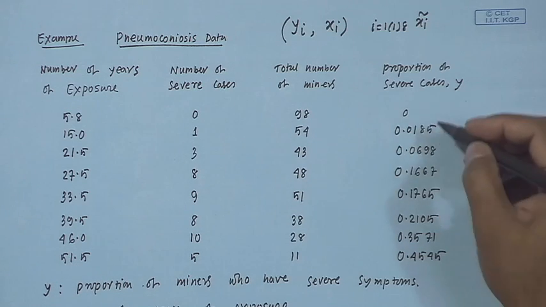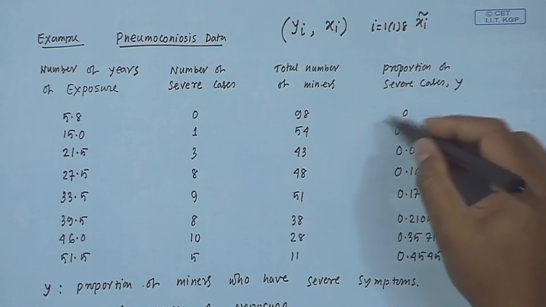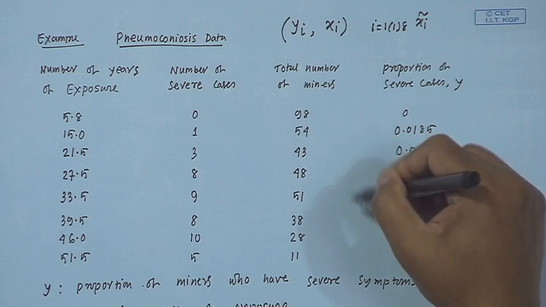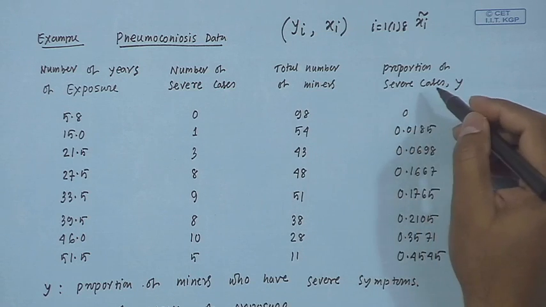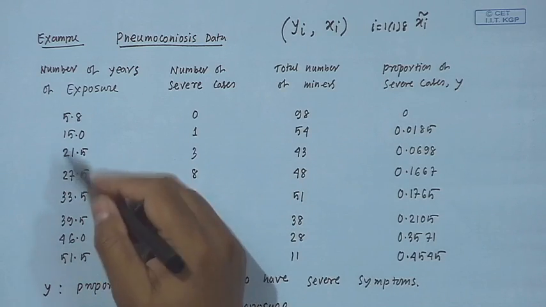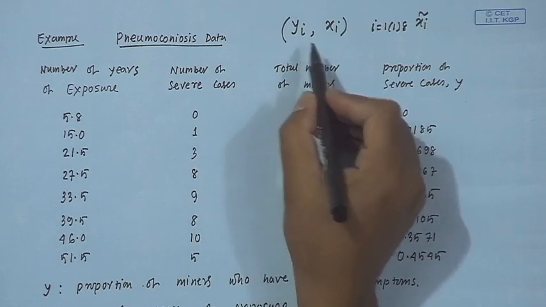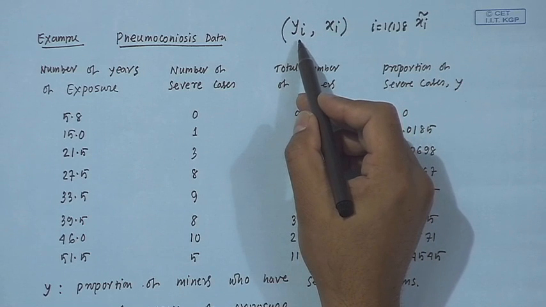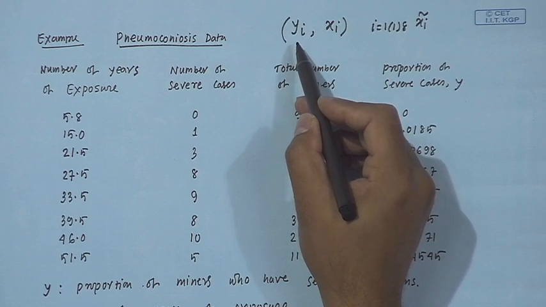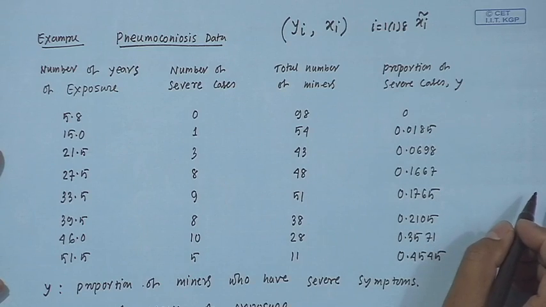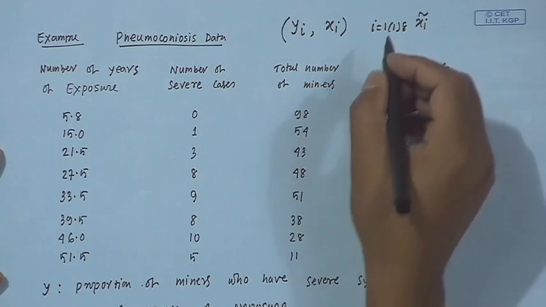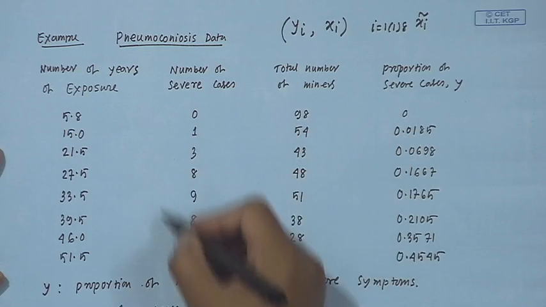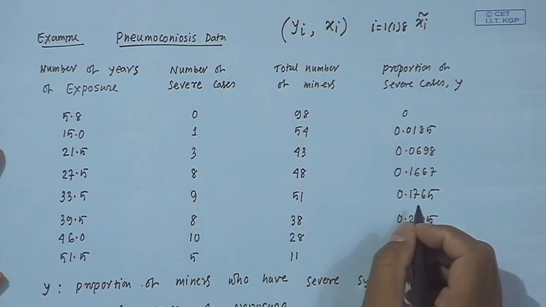So, what I want is to see whether the variation in y_i, or in the proportion of severe cases, can be explained in terms of the number of years of exposure. But the problem here is that this y_i is not from the normal distribution, right. It is sort of binomial. The number of severe cases is of course binomial.